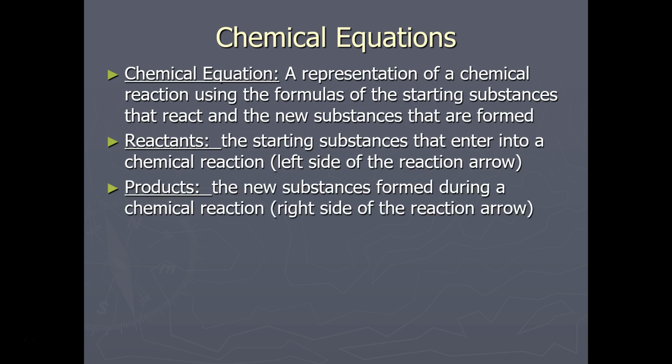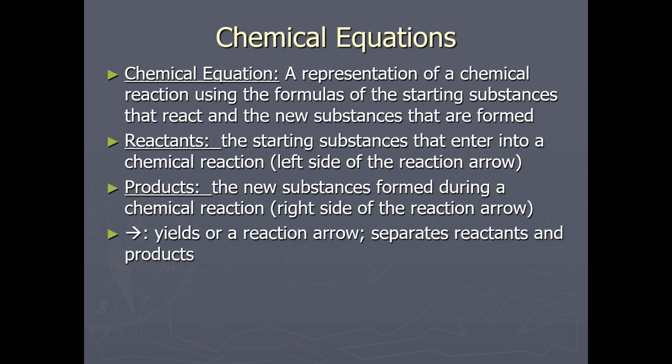Our products are the new substances that are formed during the chemical reaction, and we're always going to find them on the right side of the arrow. That arrow means yield, or it's called a reaction arrow, and it separates our reactants from our products.